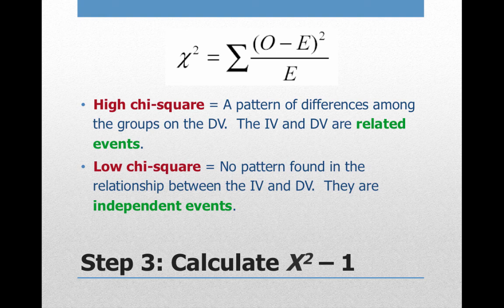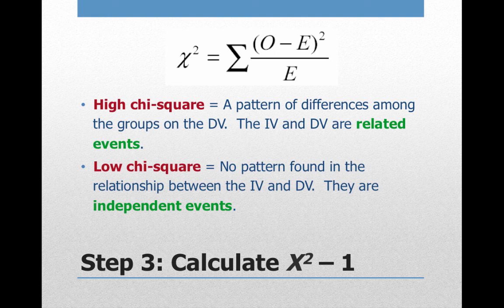In this case, we would end up seeing differences between teachers, farmers, and salespeople on political party affiliation. That these two variables, occupation and political affiliation, are related.